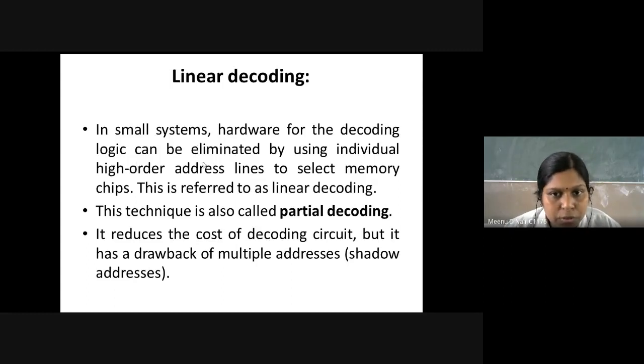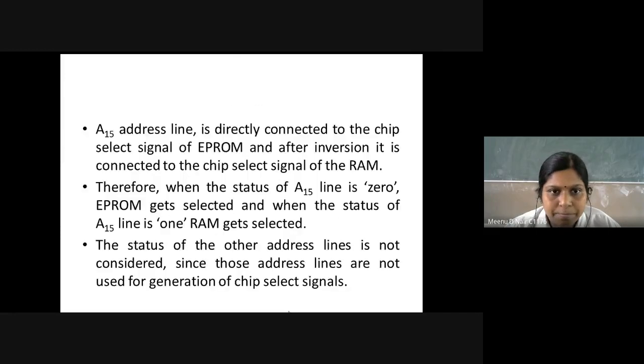Hardware for the decoding logic can be eliminated by using an individual higher order address line to select the memory chip. It reduces the cost of the decoding circuit, but it has the drawback of multiple addresses or shadow addresses. Here, the A15 address line is directly connected to the chip select signal of the EEPROM, and after inversion, it is connected to the chip select signal of the RAM. Therefore, when A15 is 0, the EEPROM gets selected, and when A15 is 1, the RAM gets selected.